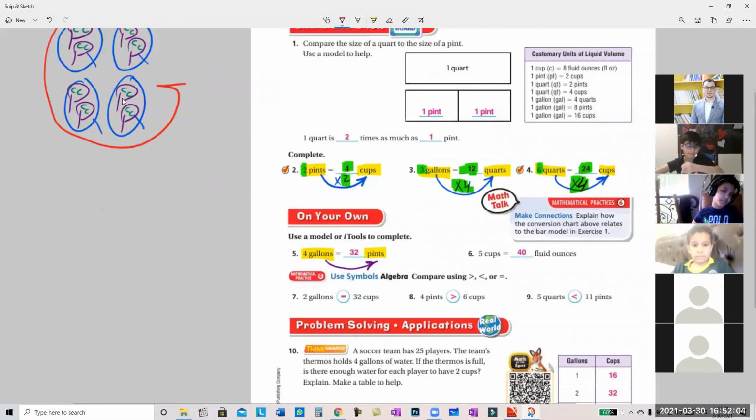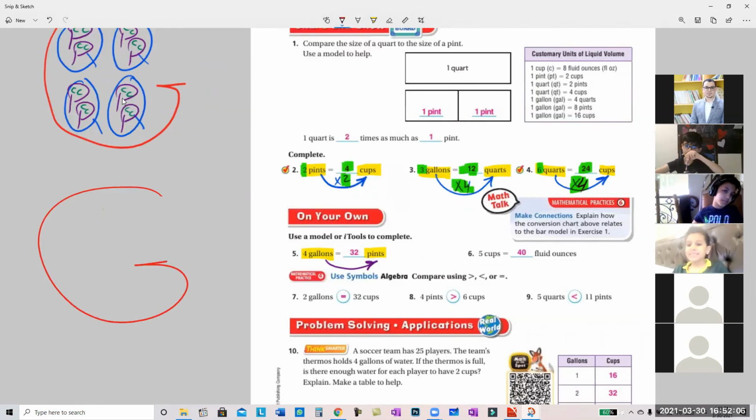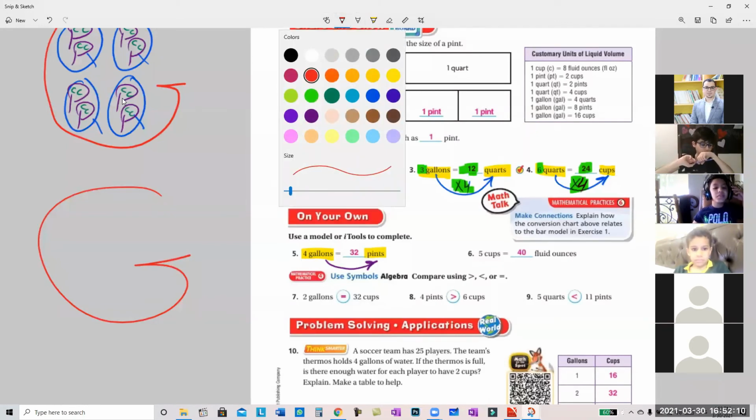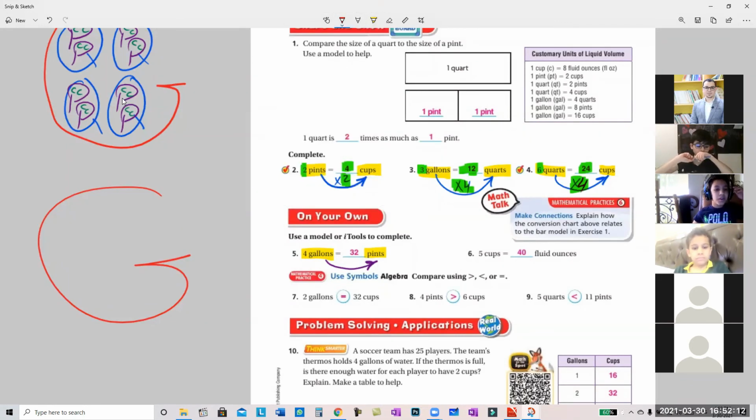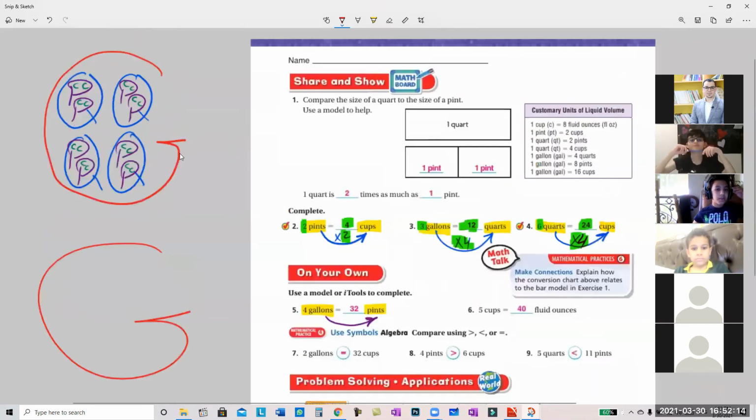Okay, let me draw it for you. We have this gallon. And how many pints in 1 gallon? 8. Yeah, 8. 1, 2, 3, 4, 5, 6, 7, 8. So we have 8 pints in 1 gallon, right? Yes. So we're going to multiply by what?